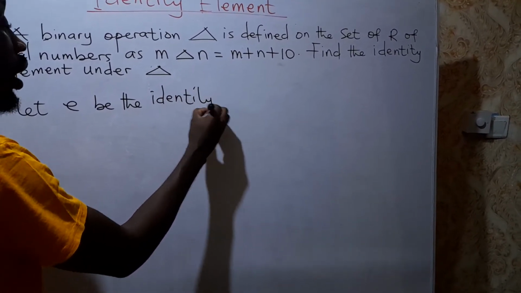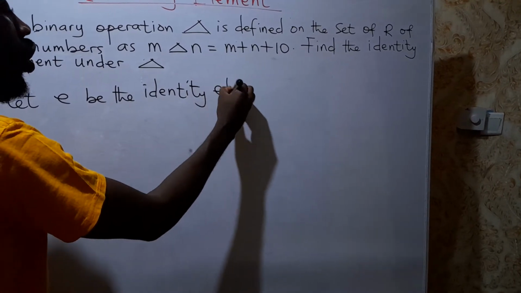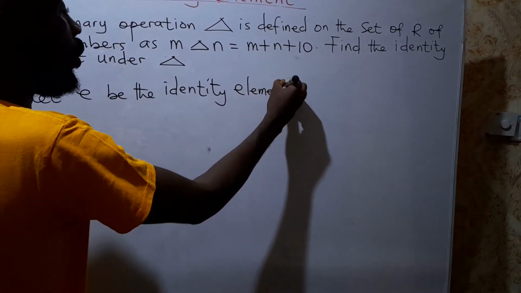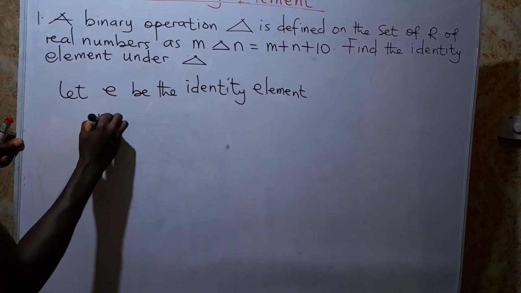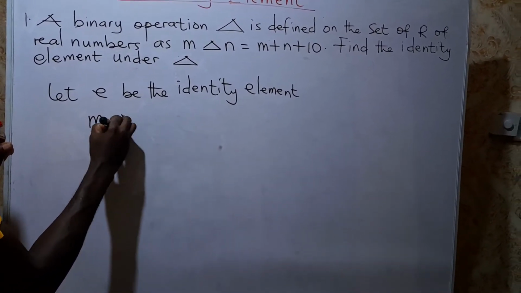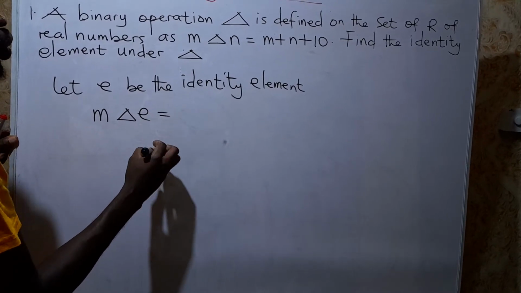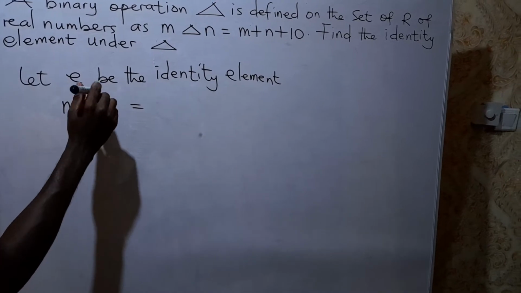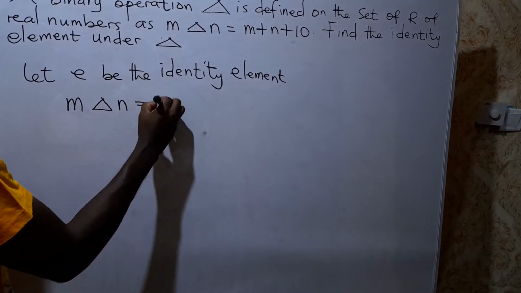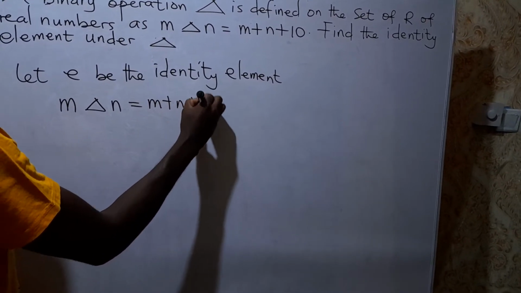So remember the definition of identity element. We say if it is combined with any element, it will give that element. So we can say that m delta E will be equal to what? First, m delta n is m plus n plus 10.